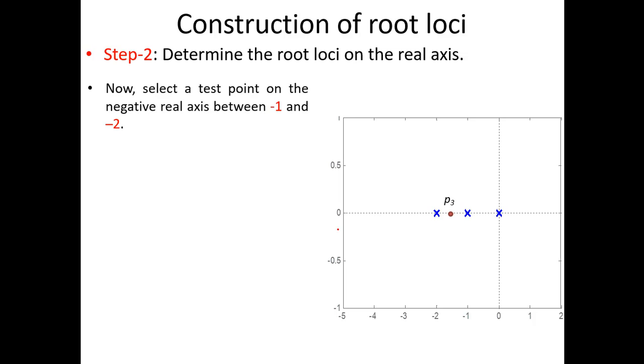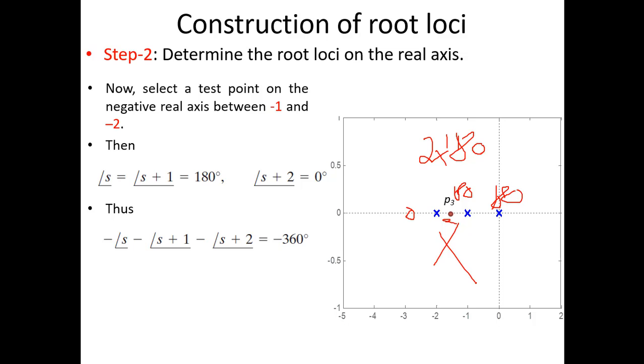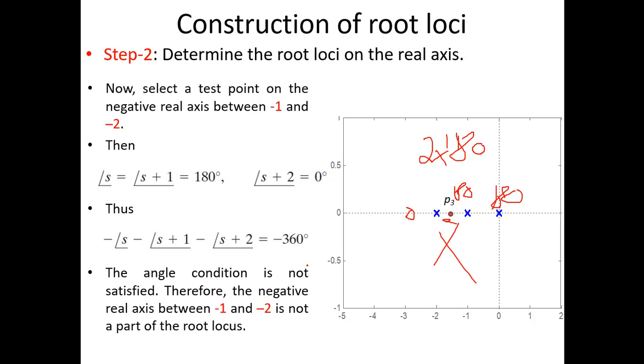The third point was this point P3, and this P3 was not on the root locus because you see that this is 0 and there are two 180s on this side. Two 180s is not an odd multiple of 180. It is an even multiple of 180 because the sum turns out to be 360, and 360 is nothing but an even multiple of 180 degrees. So we have established that this point P3 is not on the root locus.